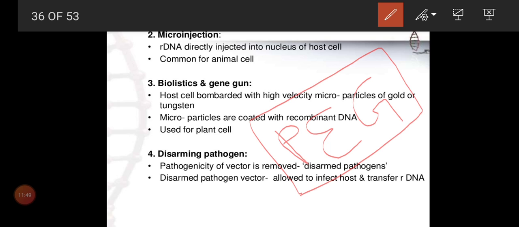This chemical helps to mix the recombinant DNA into the protoplasm of any plant, animal, or microorganism cells in the laboratory. Clear, children? Microinjection for animals, biolistic or gene gun for plants.